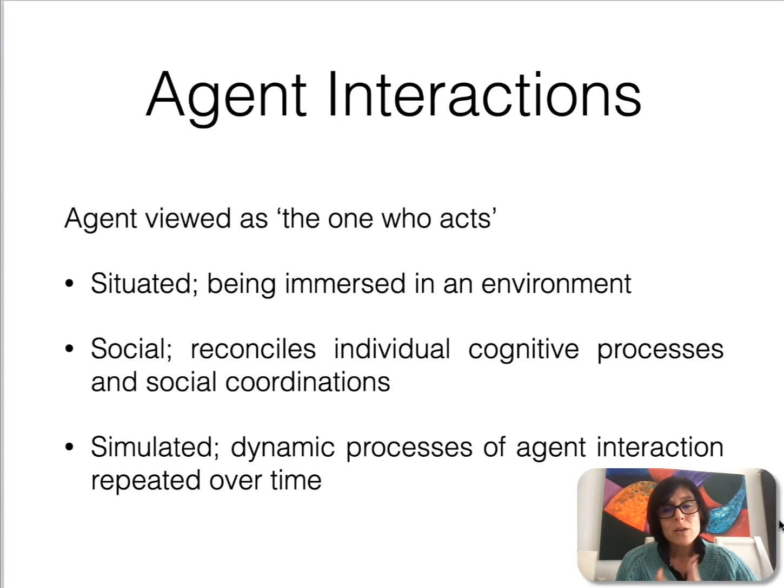The notion of action directly contributes to the definition of the agent. We've already said, if you think about agent, you're immediately thinking about what sort of actions the agent is going to take. Literally, an agent can be viewed as the one who acts.